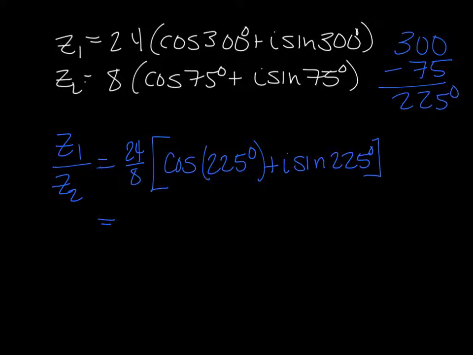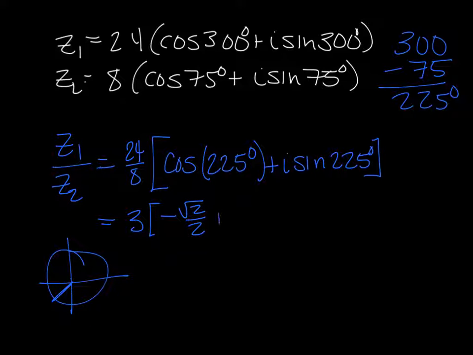So then we continue on. 24 divided by 8 is 3. Now the cosine of 225 degrees, that is after 180, right there. So the cosine is negative root 2 over 2, plus i times the sine, which is also negative root 2 over 2.